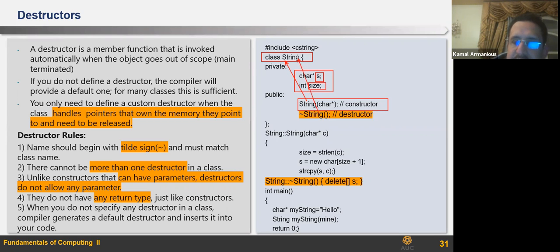It is the same name as the class, and this is the sign of the destructor. What do I do in the constructor? I simply initialize a private member, which is S, with hello. So I come here in the main: character pointer array, my string equal hello.